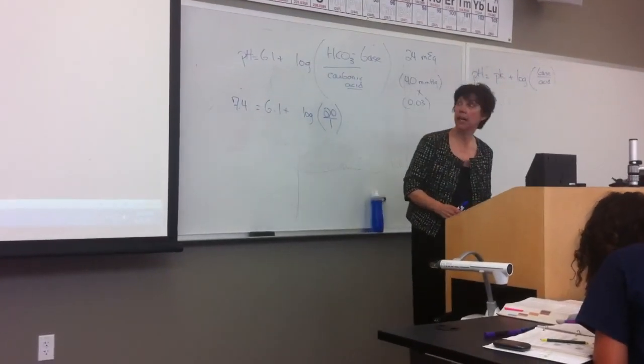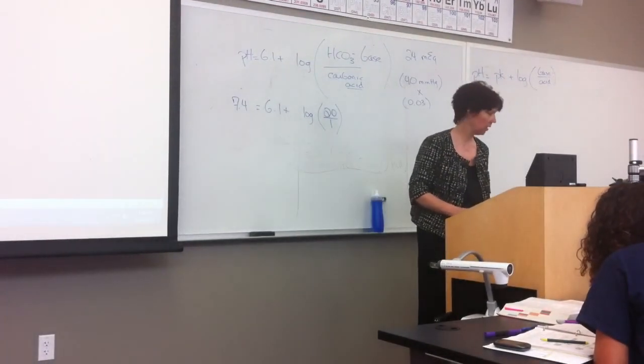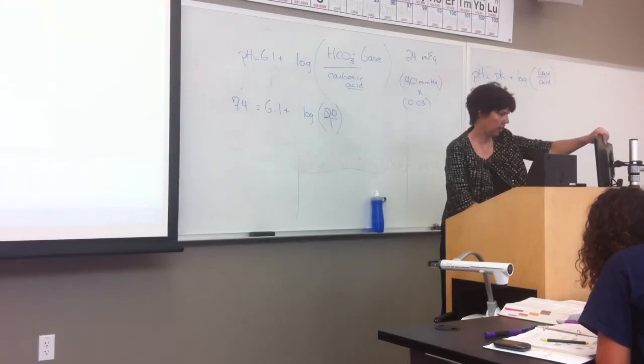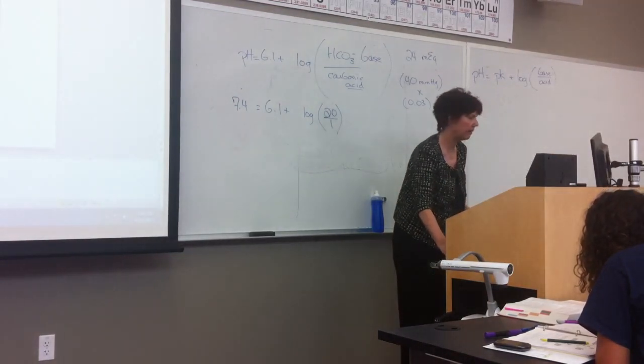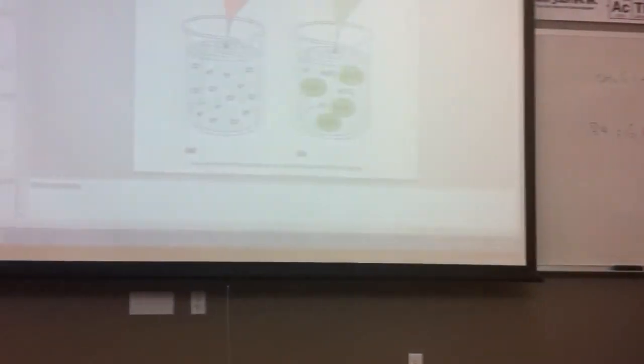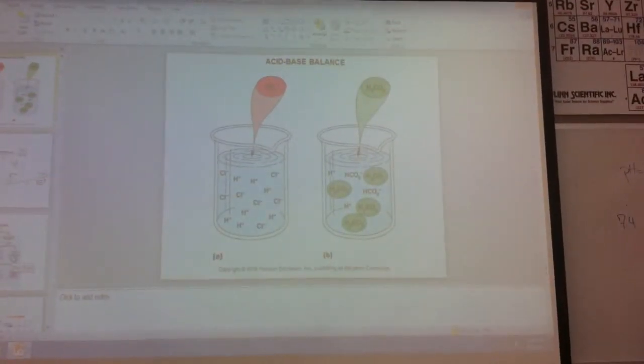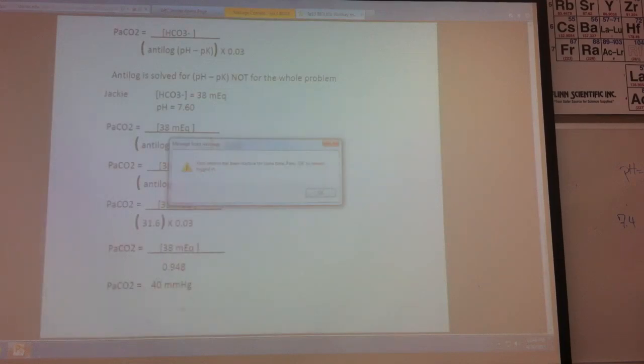Couple more minutes. Just wanted to show you the extra credit in lab. This discussion of the Henderson-Hasselbalch equation is in your lab packet. Page 53 is the homework assignment, well, extra credit.